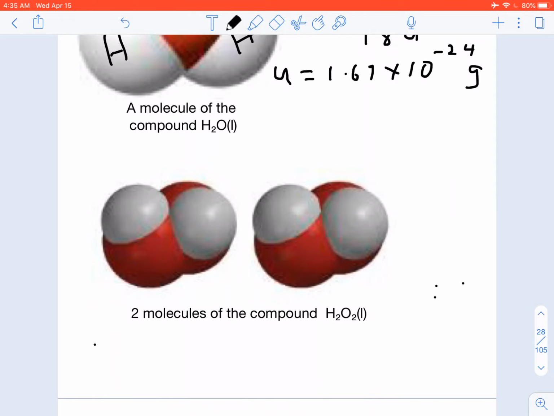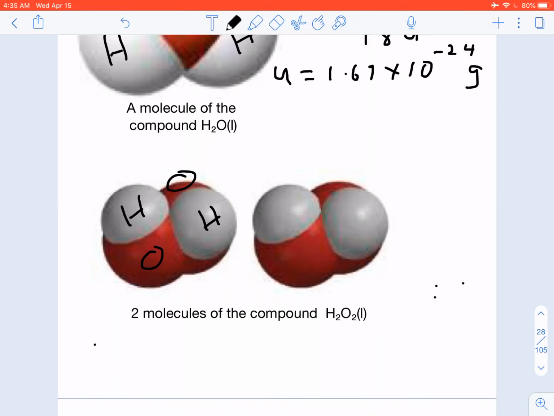Same thing with hydrogen peroxide. We have hydrogen peroxide, H2O2. There we have H, oxygen, oxygen.